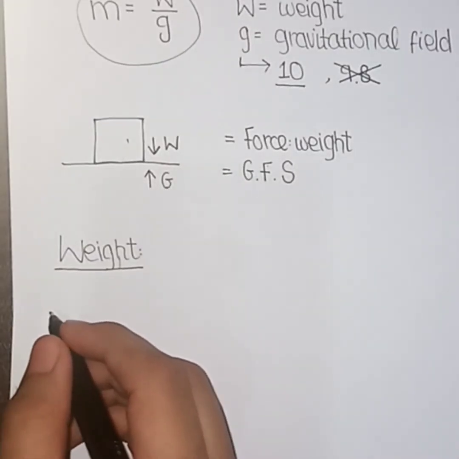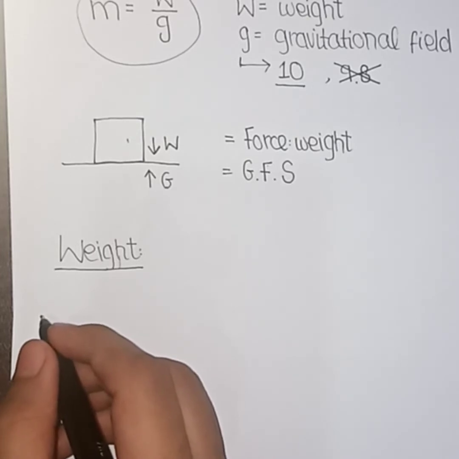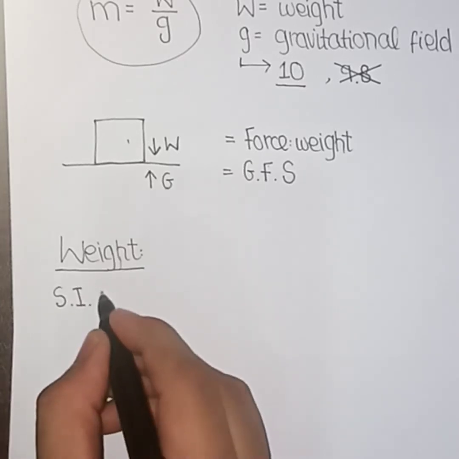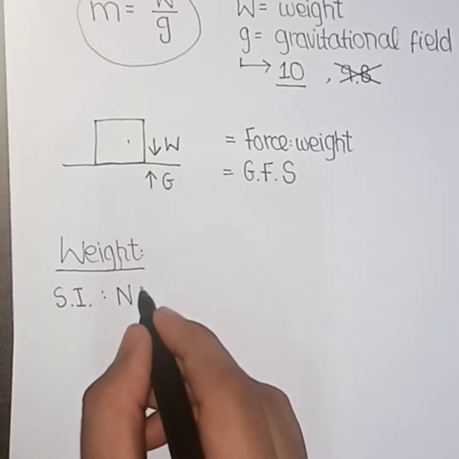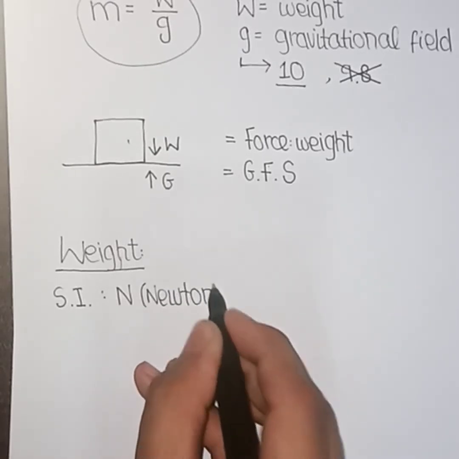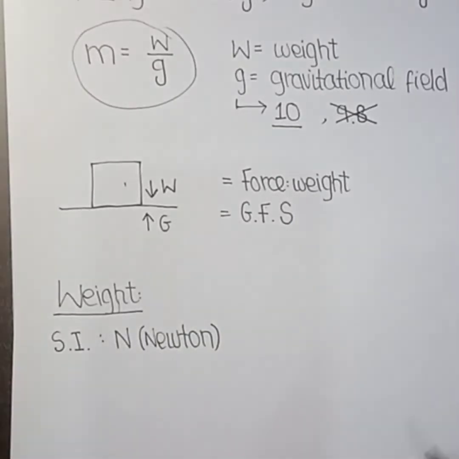According to your book, weight is a force exerted on an object towards the ground due to the pull of gravity. Like all forces, weight is measured in newtons. The SI unit of weight is Newton.